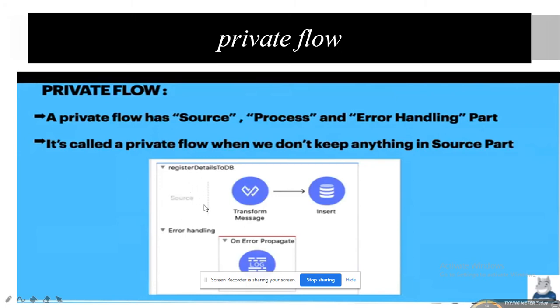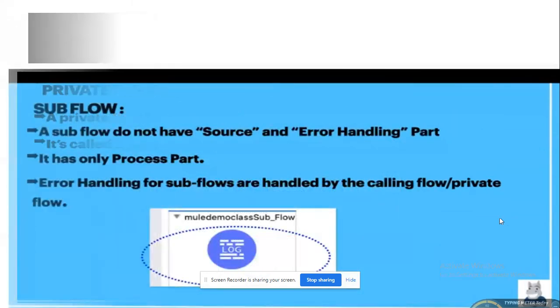That is the main important thing. Okay, that's it. The difference between flow and private flow, understood now? In a flow we should have a source, we need to declare the source compulsorily, and in a private flow we don't need to declare any source.